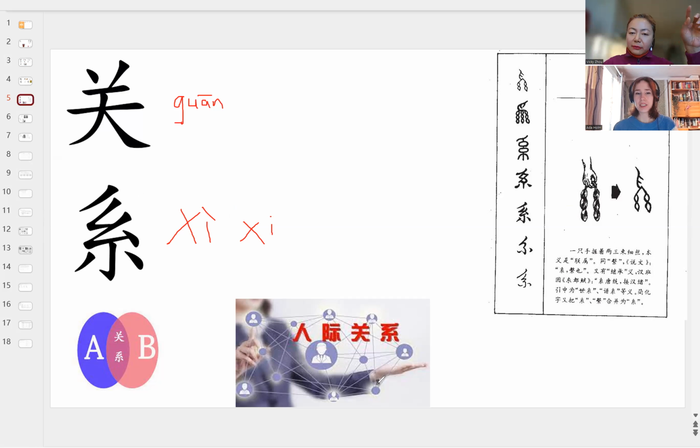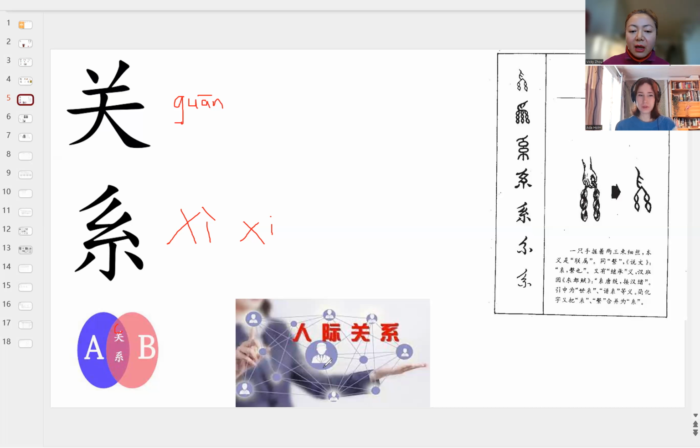And then when we put 关系 together, in modern Chinese it means different kinds of network connections and relationship also. We call it 关系. Look at this A, B. When they have 关系, it means here they have some C there. They both can use this link to link them together.